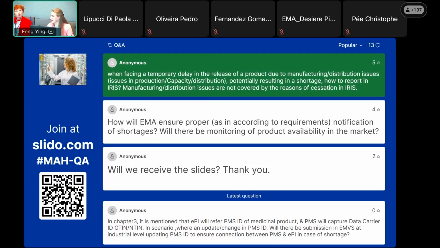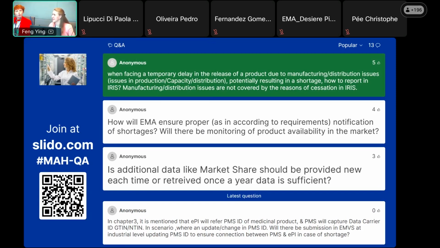Okay, on this one, in case the MAH decides to temporarily cease the marketing of the product, indeed, a specific reason needs to be put in IRIS for this. But in case the marketing authorization holder does not temporarily cease the placing on the market of the product, the IRIS marketing status could stay marketed while there is a shortage due to this issue in production or a capacity issue or a distribution issue, indeed.